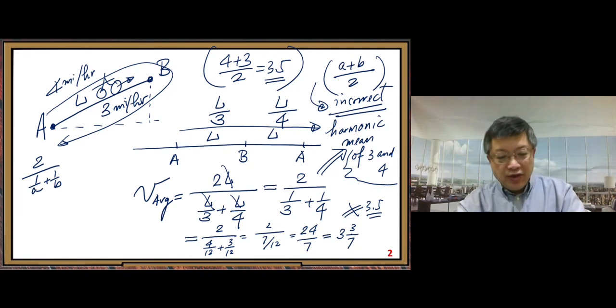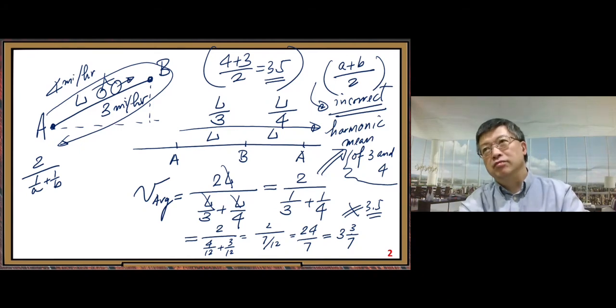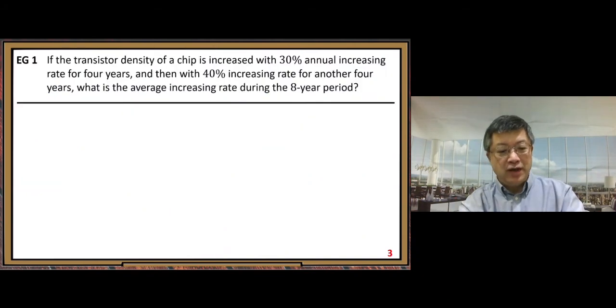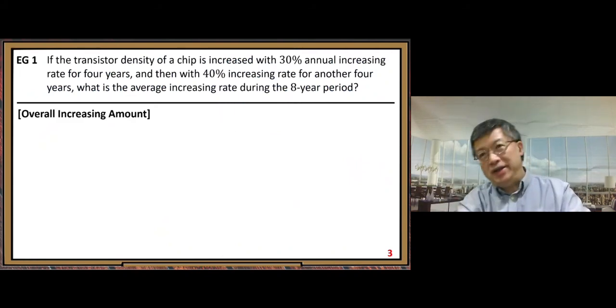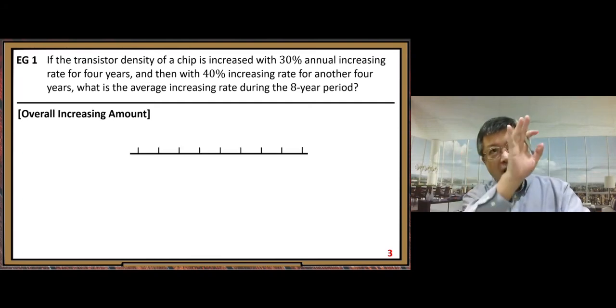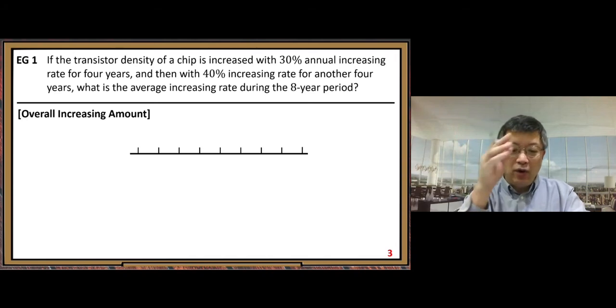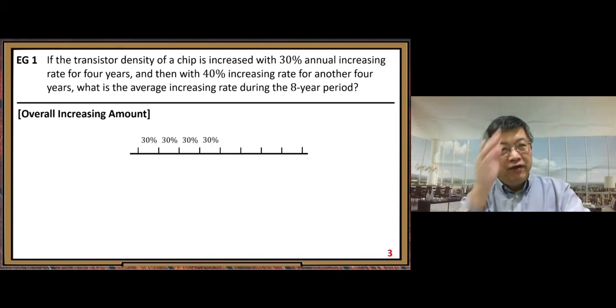Now, with this understanding, we are ready to solve this example 1. Let's look at the solution. It's pretty simple. Overall increasing amount, we can calculate that easily. Let me draw this line. There is an 8-year period, so I draw 8 line segments. The first 4 segments have a 30% increasing rate each year.